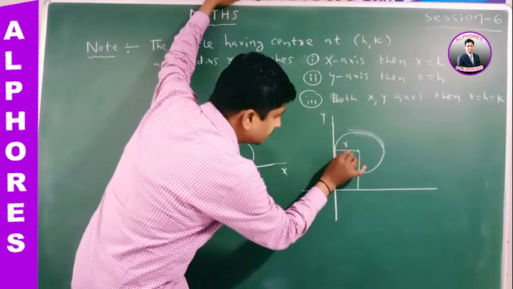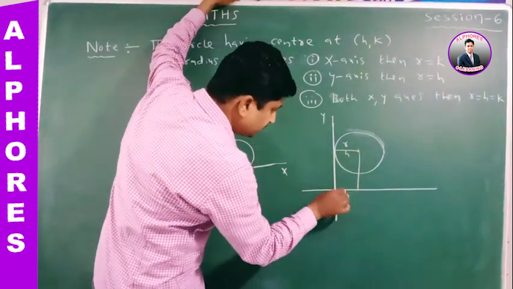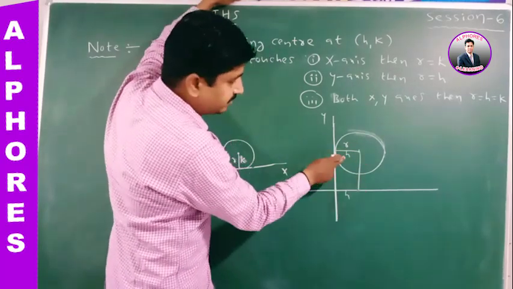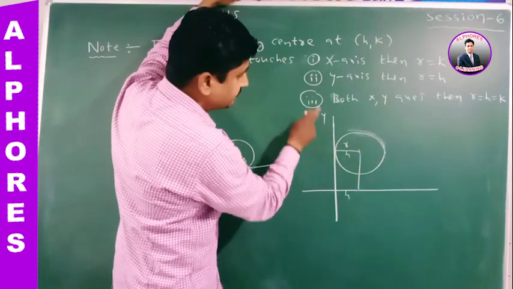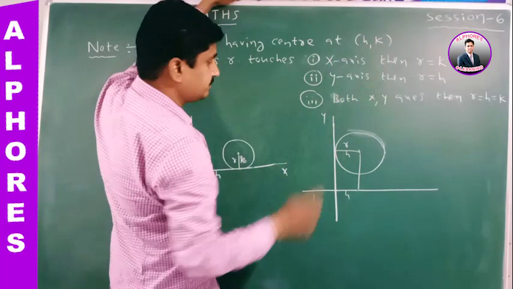Now this length is what? h. This point is (h, k). This is h. Now this is also h. This length is k. Therefore r equals h. The circle touches the y-axis, then r equals h. Okay.